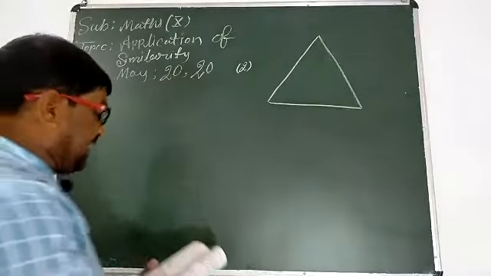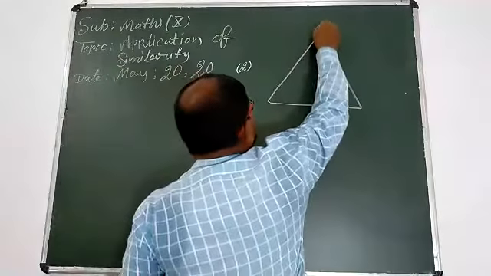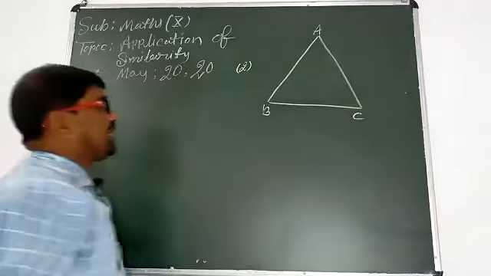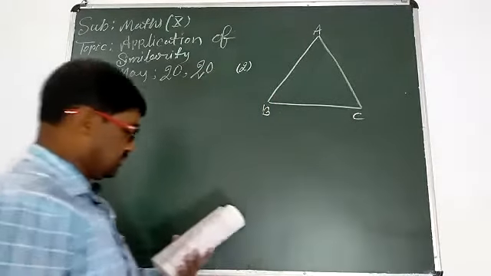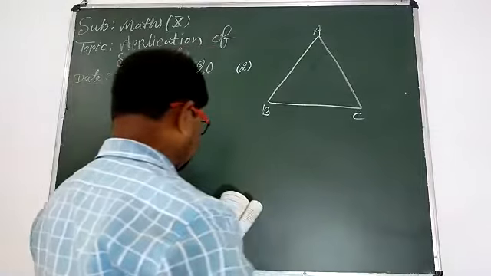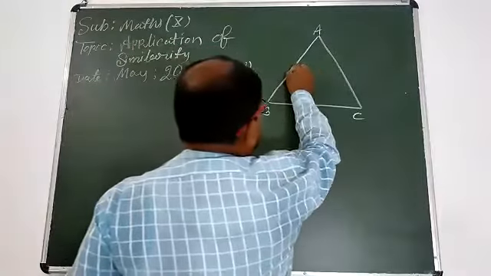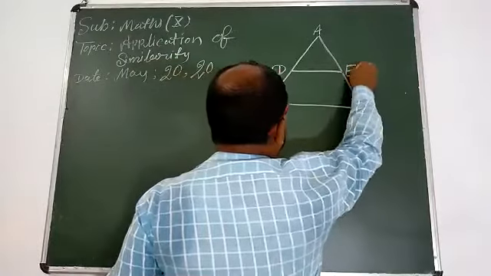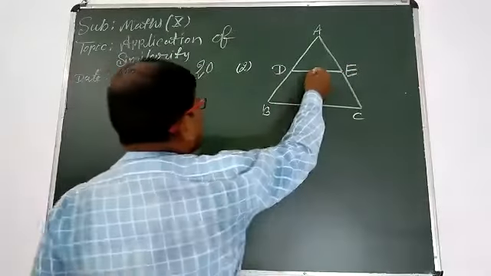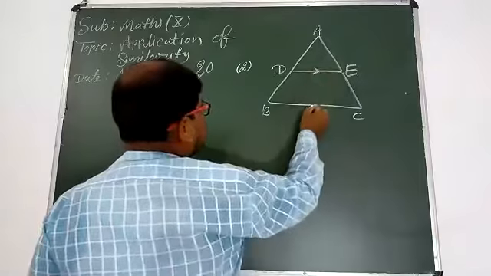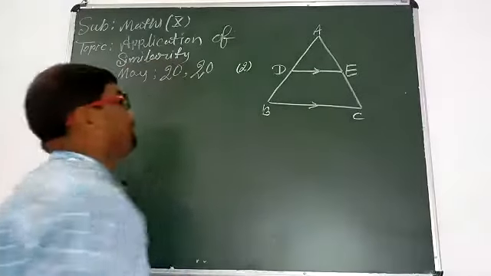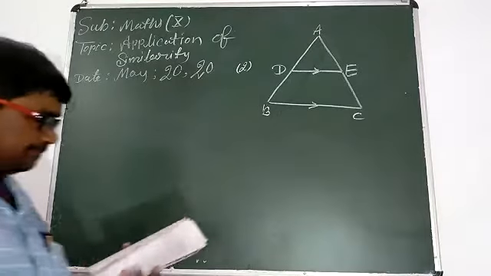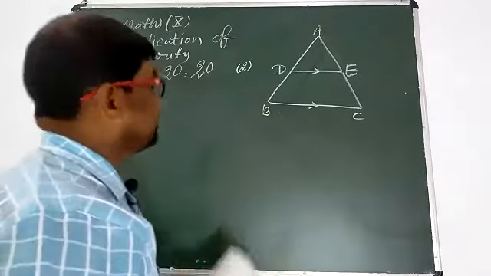This is triangle ABC. In this triangle, DE parallel to BC, that is given.